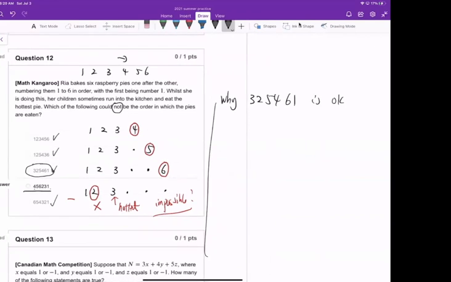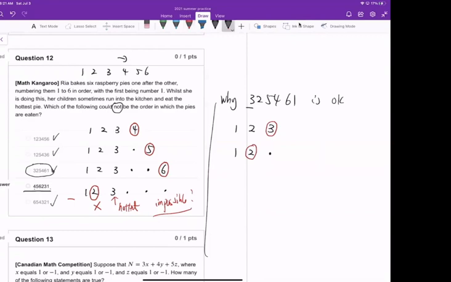You see, the first eaten is 3. So what happens is 1, 2, 3 are baked, and right after pie 3 is baked, it is eaten. The next one eaten is 2, right? So that means before pie 4 was baked, 2 is eaten.